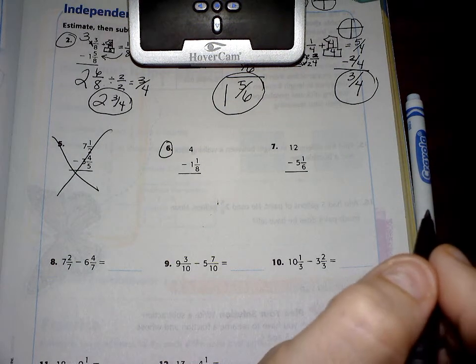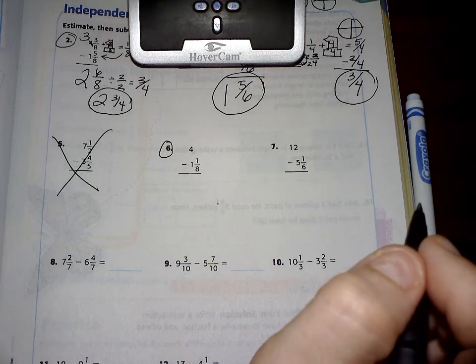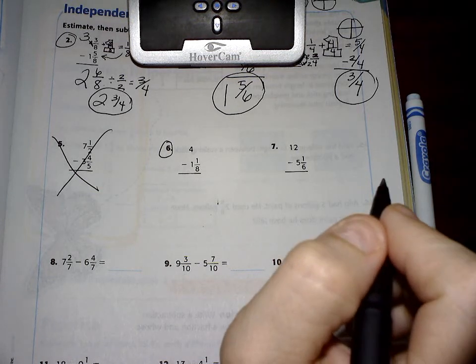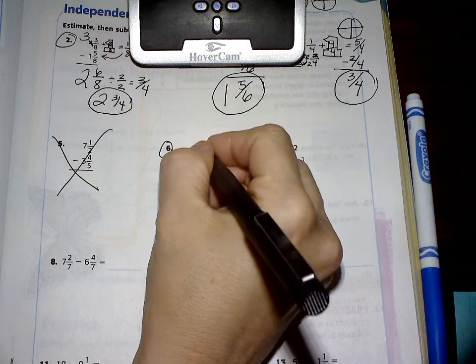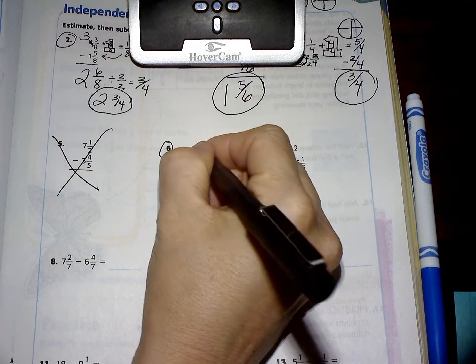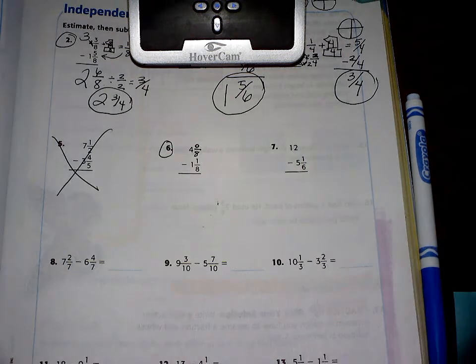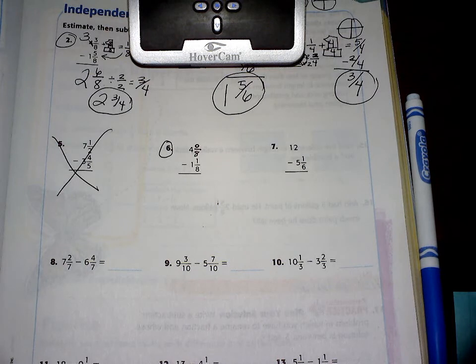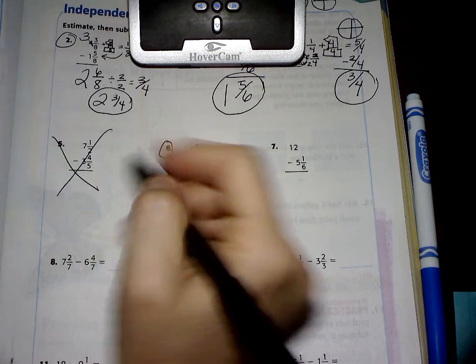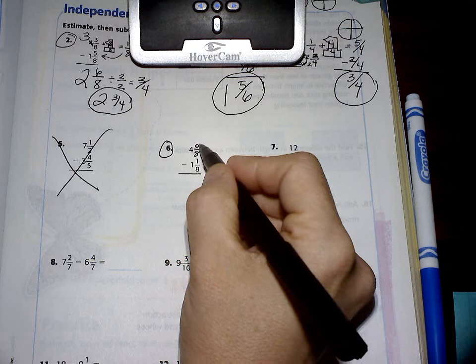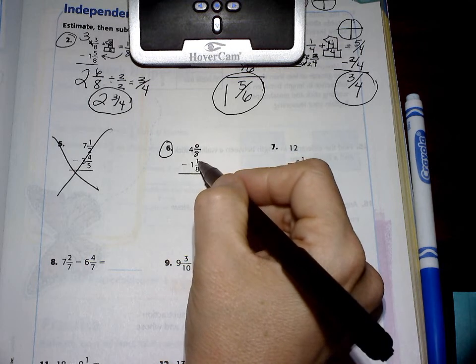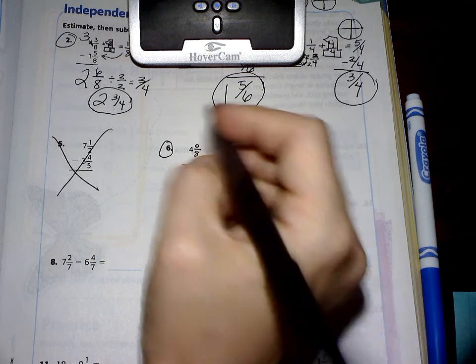4 minus 1 1/8. So there's currently 0 eighths. You can write that if you want. There's 0 eighths. 4 and 0 eighths. And so I can't subtract a 1 from a 0, right? I can't take 1 away from nothing. So I have to borrow.